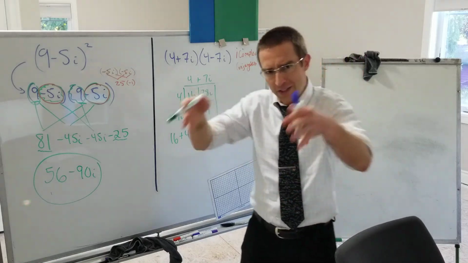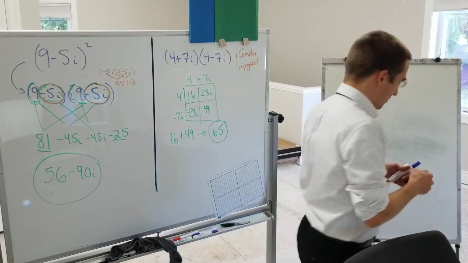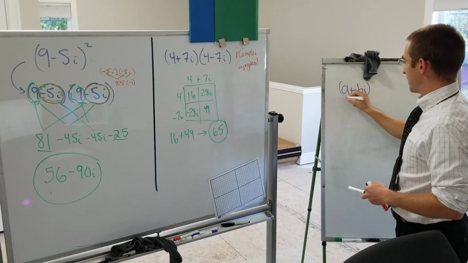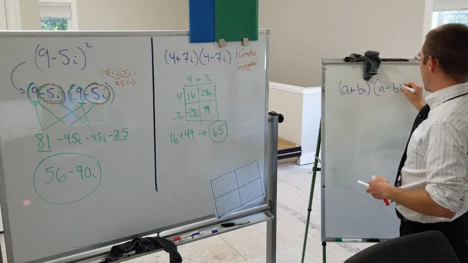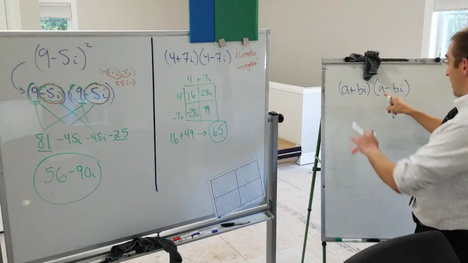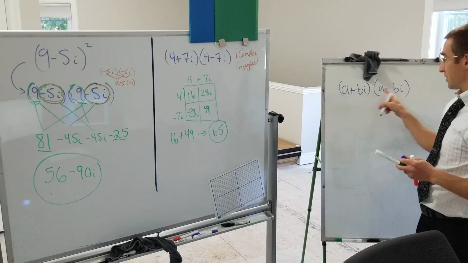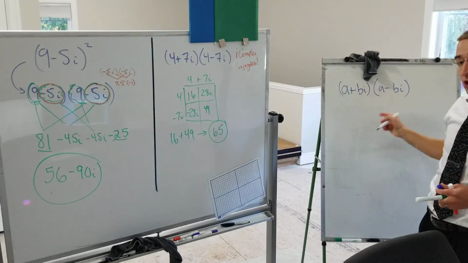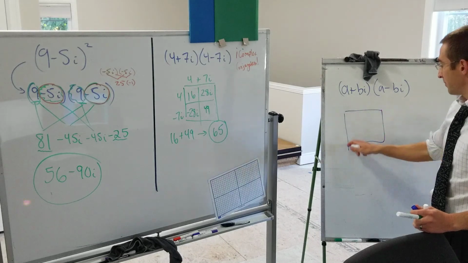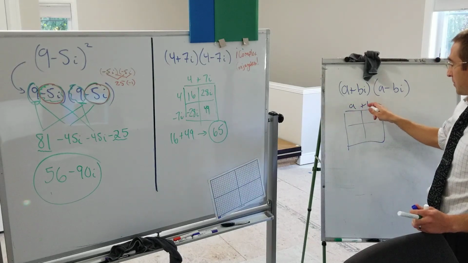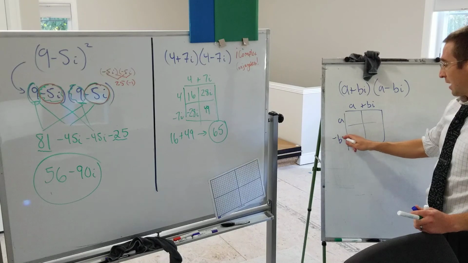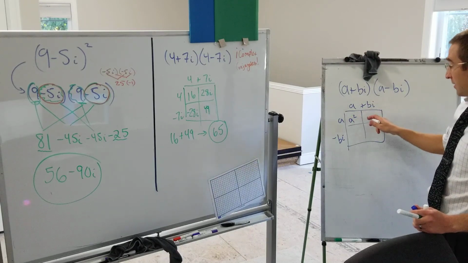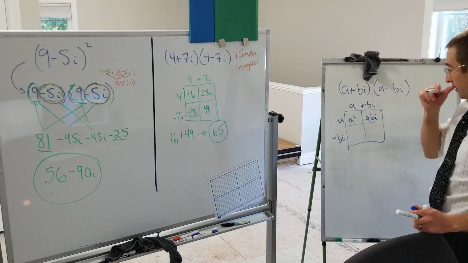Now let's take a little deep dive into the whole idea of a complex conjugate. If I have a plus bi times a minus bi, where a and a are the same, b and b are the same, the only difference is a plus and a minus. We've got two complex numbers. These are complex conjugates of each other. If I multiply them, this is what's going to happen. A times a is a squared. A times bi is abi.